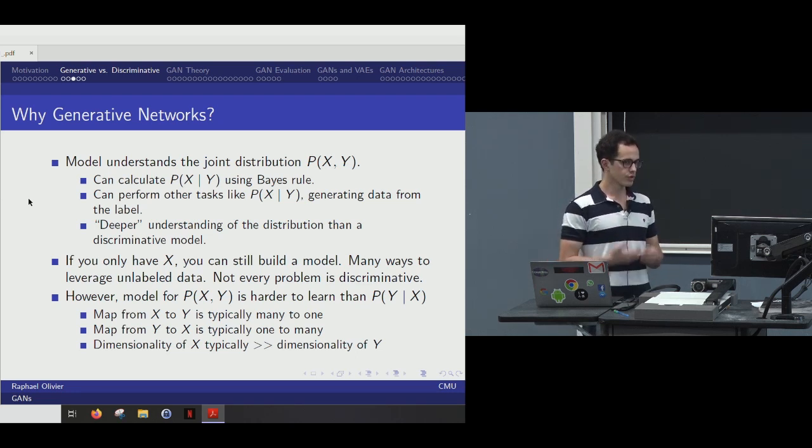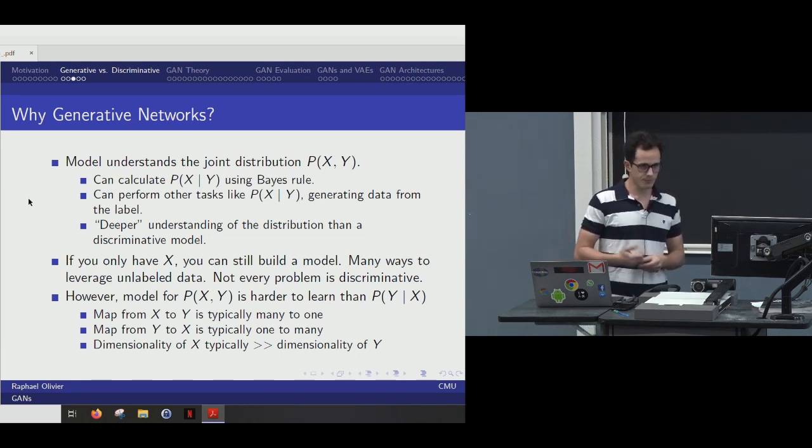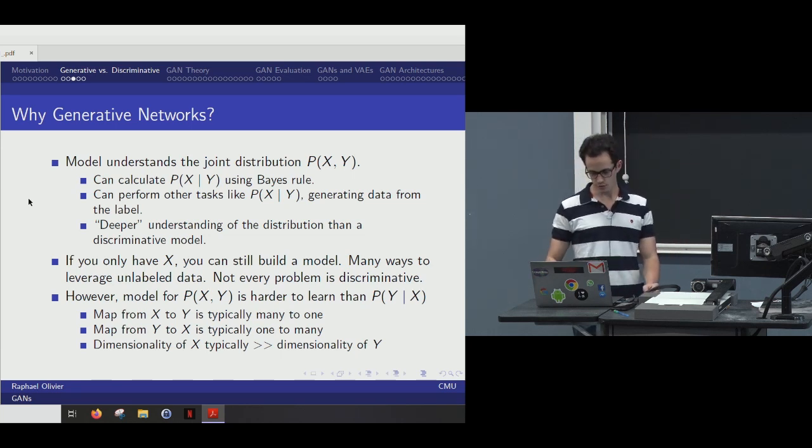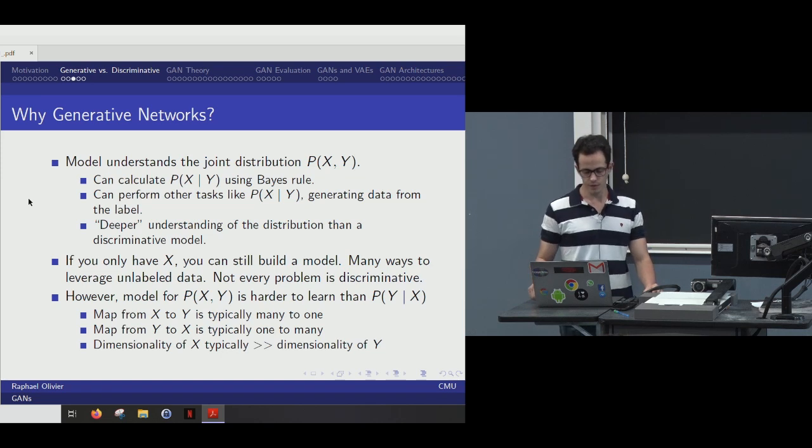Plus, in this framework, you don't actually need a Y because you're just learning the distribution of whatever is given to you. So if you just have one data format X, you can also do a lot of things. That way, you can leverage unlabeled data.